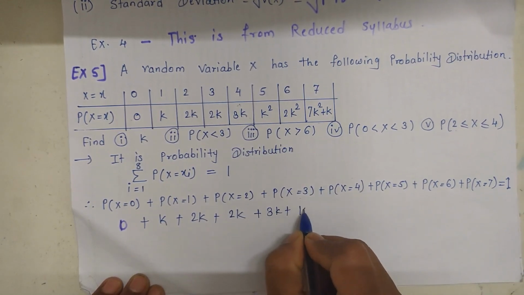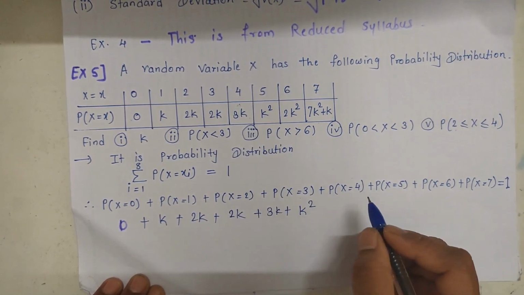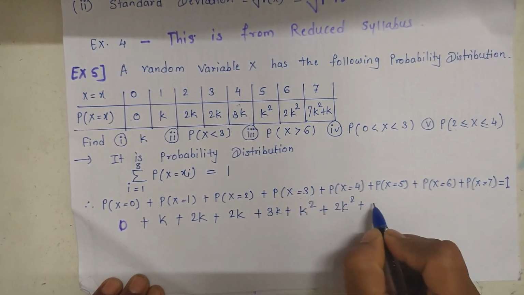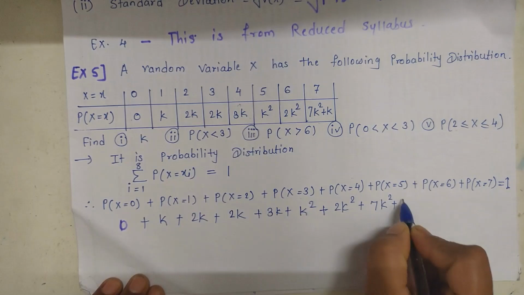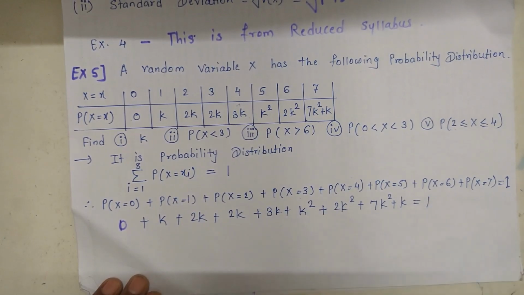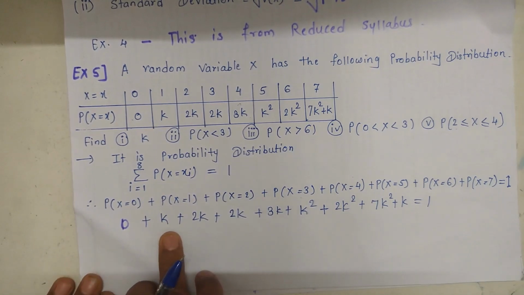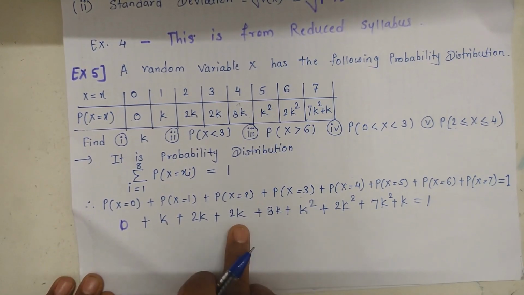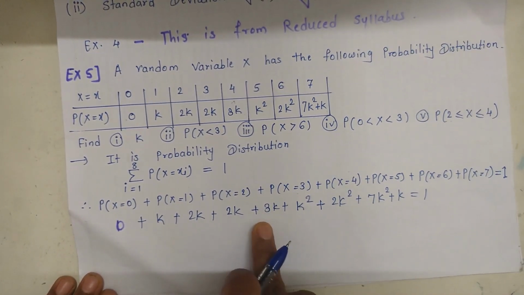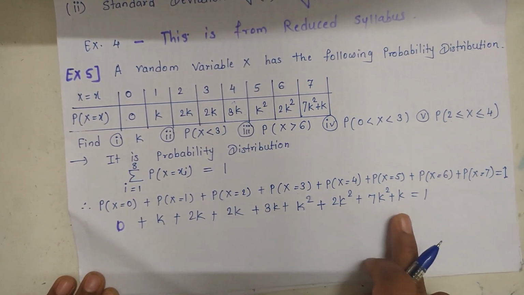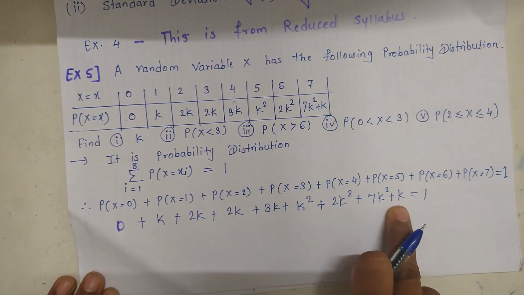Next, probability for 5 is equal to k square plus 2k square, and the next probability 7k square plus k is equal to 1. Now calculating all k's, we get 1k plus 2k plus 2k plus 3k, that is 8k. 8k plus 1k, 9k.